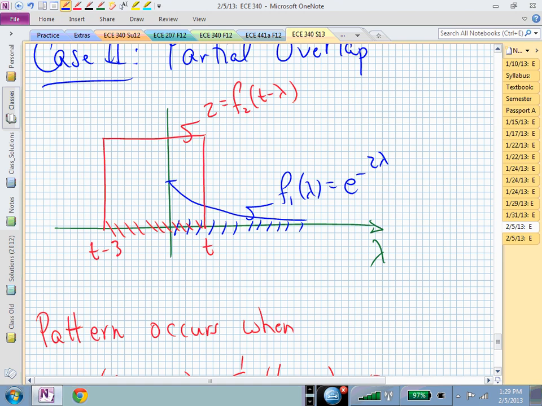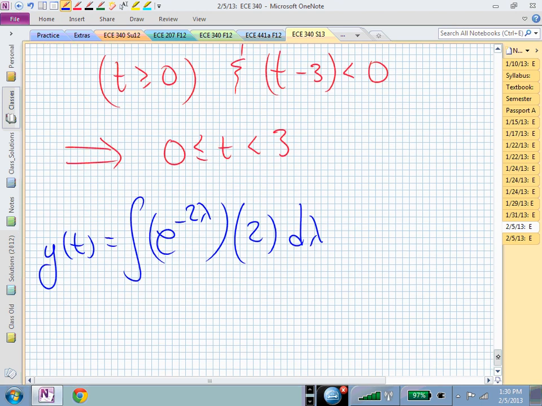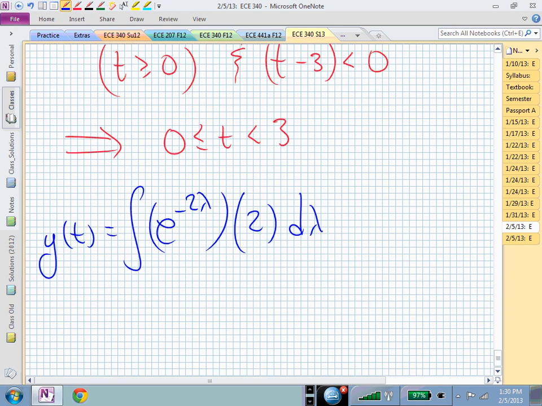But where is that integration going to occur? It's going to occur from where they're both non-zero. And that's only from 0 to t. The lower limit is 0, the upper limit is t. It's not the same as when the overlap pattern is true. So I want you to be sure you're distinguishing between the overlap pattern being valid and the limits of integration.